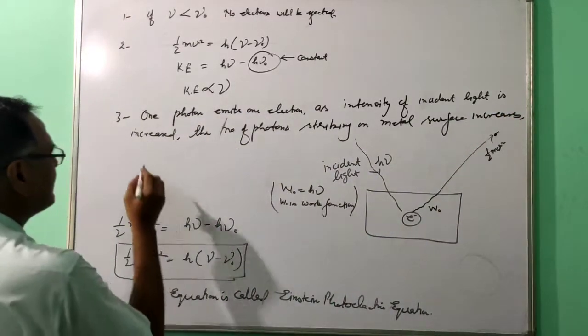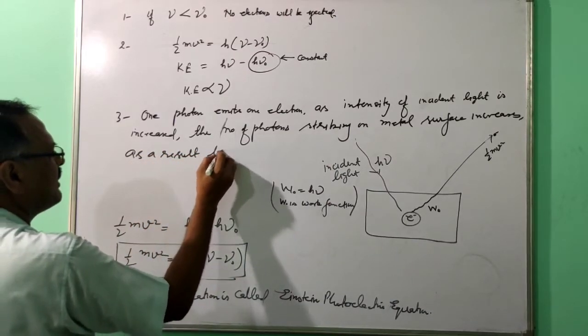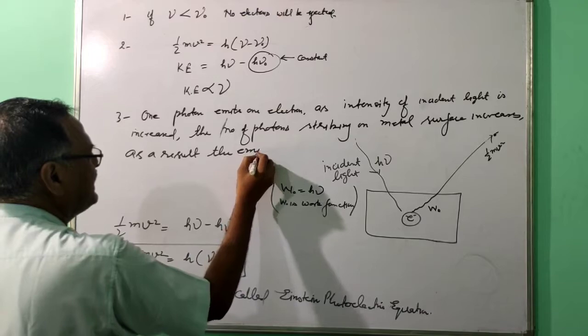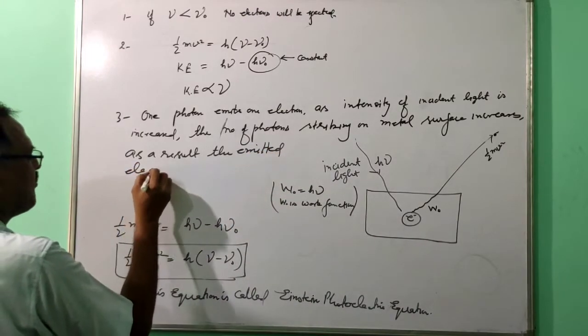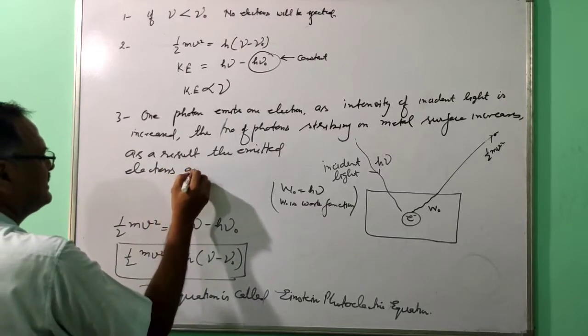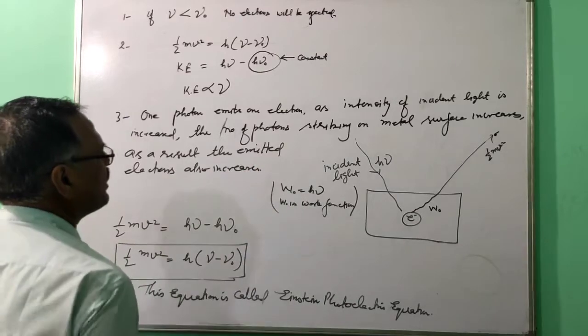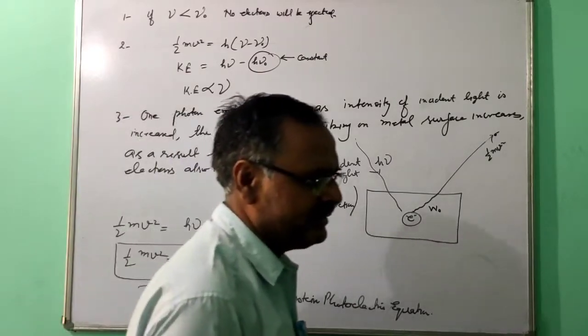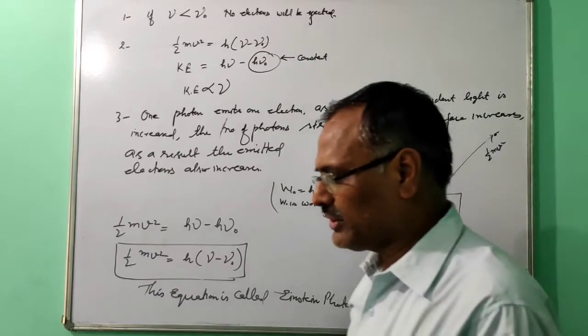As a result, the emitted electrons also increase. So this is how we explain the third point, that the number of photoelectrons emitted is directly proportional to the intensity.